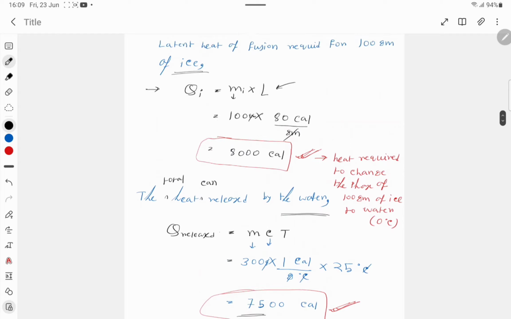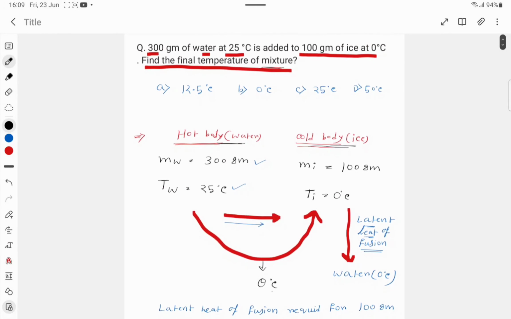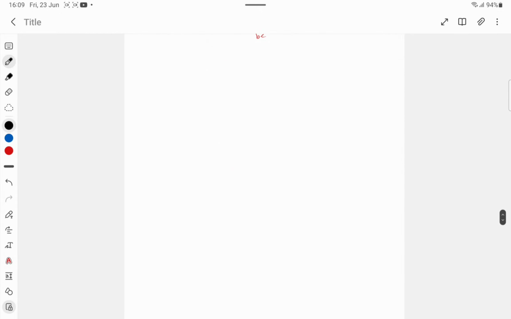Now of course, in a competitive exam you can say that the answer will be 0 degrees Celsius, because all the heat from the water body is absorbed by the ice and converted into water. Okay, I'm explaining. Say you have this amount of water at 25 degrees Celsius, and there is an iceberg at 0 degrees Celsius.